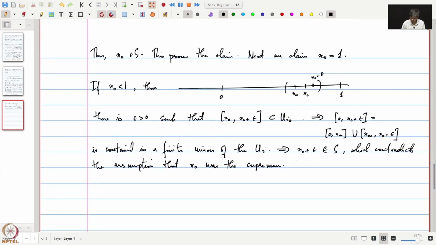Thus x_0 has to be 1; it cannot be strictly less than 1.